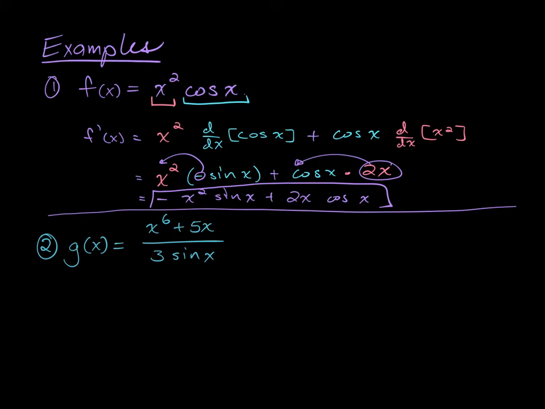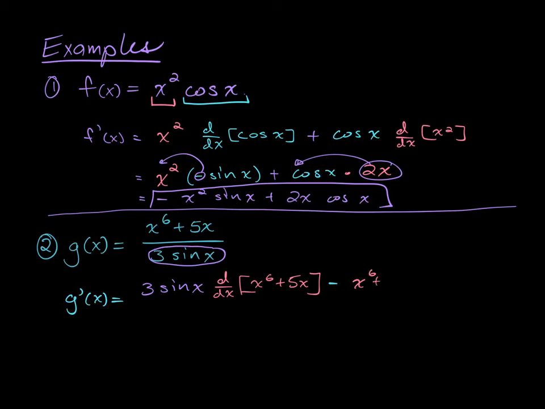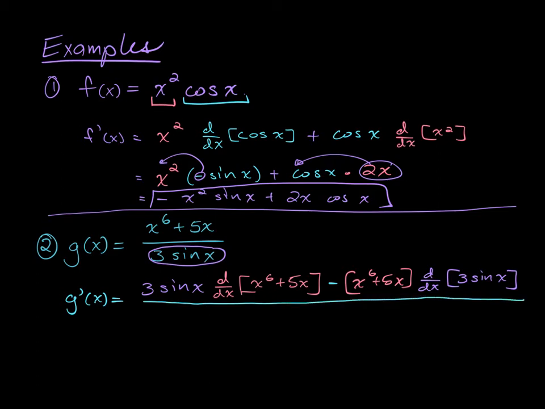And how I'm going to write this out is g prime of x equals low, which is this function here, 3 sine x, d high, so the derivative of x to the 6th plus 5x, and again I'm going to write this derivative out like this, d dx of what's in the top, minus high, so x to the 6th plus 5x, d low, so the derivative of what's in the bottom, 3 sine x, over 3 sine x squared.